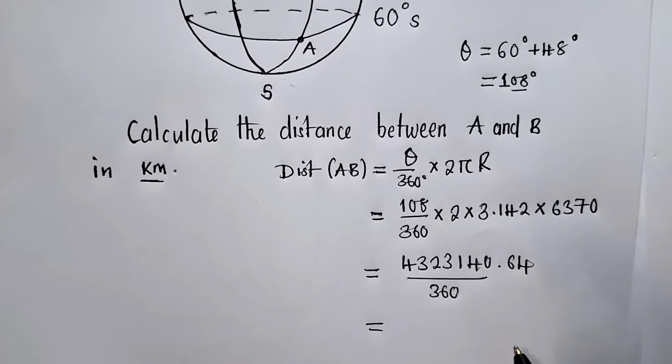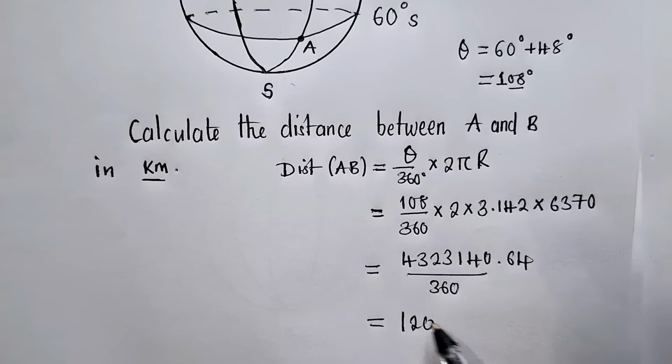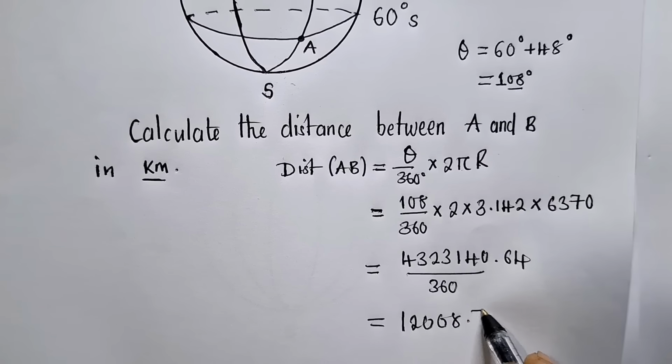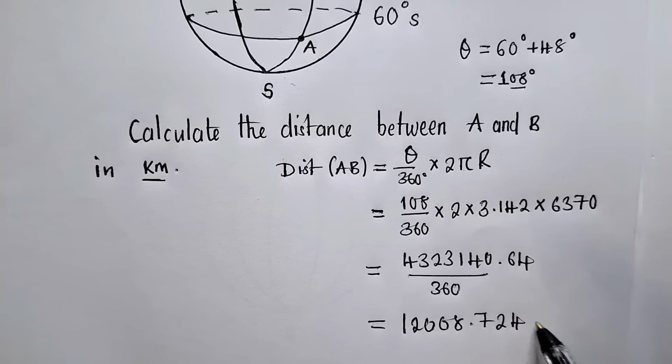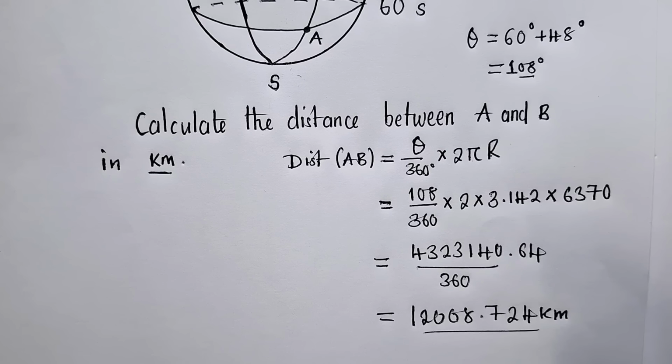When we divide by 360, this of course will give us 12,008.724 kilometers. So this is how the answer will come out. Let me just confirm. You can also confirm with me if what we've gotten here is what we are supposed to get. Okay, so this is what we need to get.